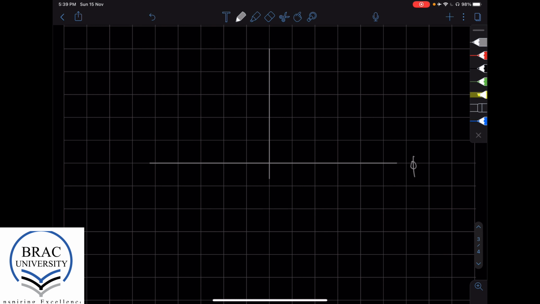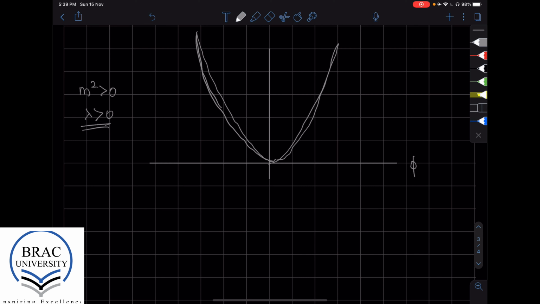two forms. If the mass parameter m squared is positive and lambda is positive, we always assume lambda is positive, otherwise the Hamiltonian is not bounded from below. If this is the case, then the potential will have some parabolic form, some form like this.